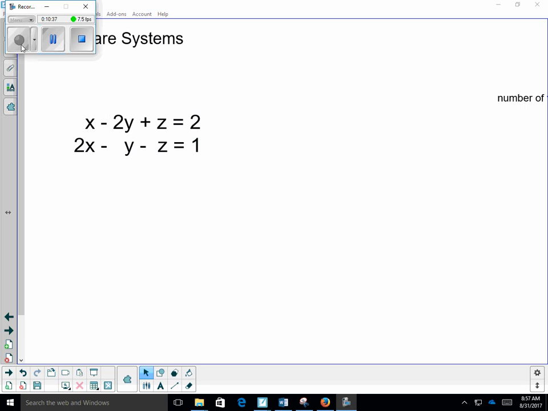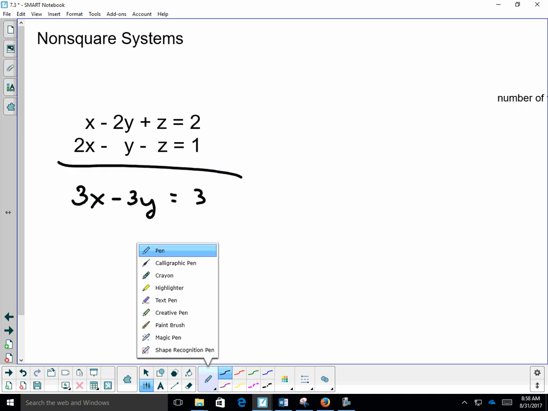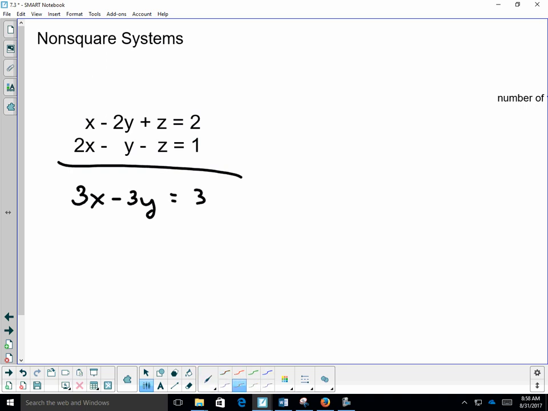When I add those 2 equations, I'm going to have 3x minus 3y, the z's will drop out, is equal to 3. At this point, I see that I have 3, 3, and 3, so I'm going to divide everything by 3. You have x minus y is equal to 1. So I'm going to say x is equal to y plus 1.